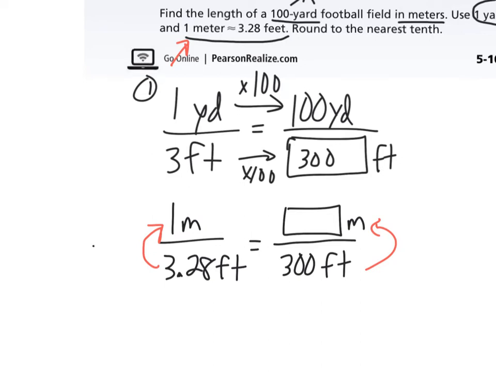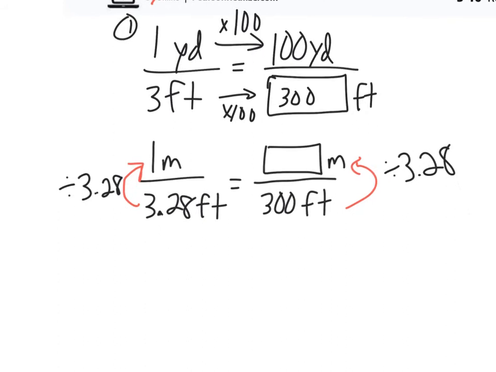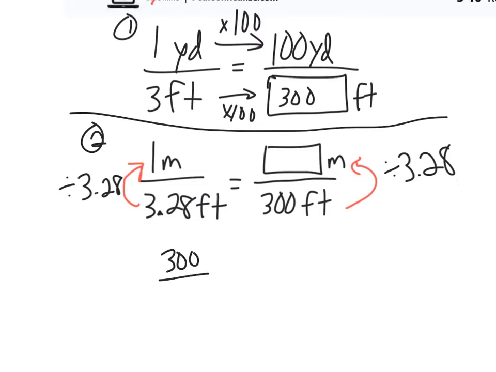We could divide by 3.28. 3.28 divided by 3.28 is 1. And then on the other side, if we take 300 divided by 3.28, this should be our answer.